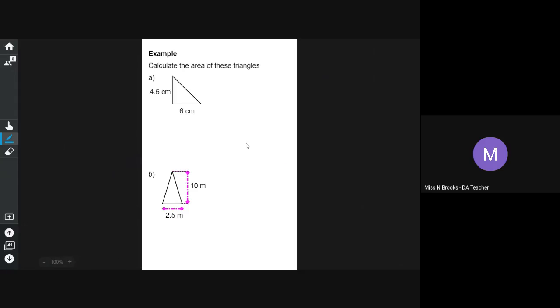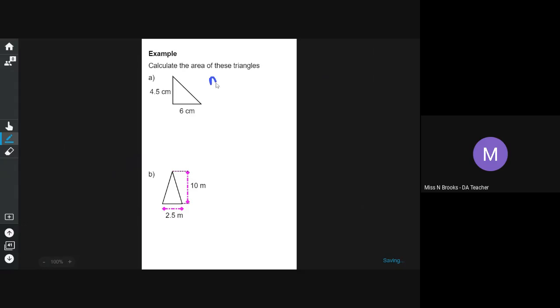So we've got a couple of examples here. So we've got 4.5 centimeters by 6 centimeters. So we want to multiply those two numbers together, and then we're going to divide by 2.